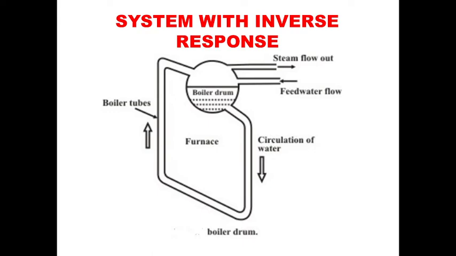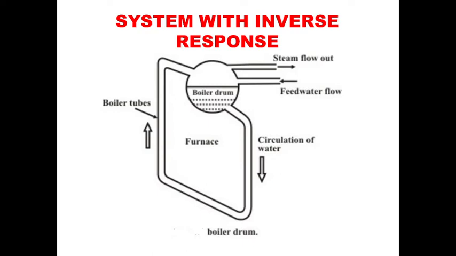Now suppose the steam flow rate suddenly decreases, the feed water flow rate remaining constant. At first glance it would appear that the drum level should rise, but actually the drum level will initially drop for some time before it rises and reaches a steady value.